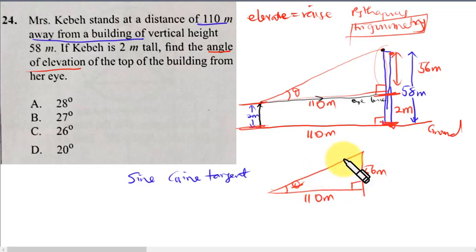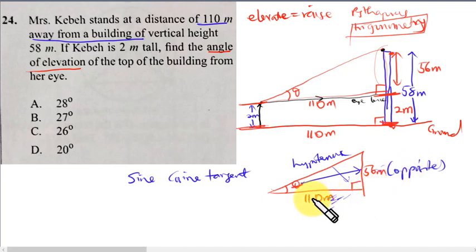Now this side of the right angle triangle is called the hypotenuse. It is the side that is opposite to the 90 degrees angle, but these two sides have names that interchange depending on the angle that we are talking about. Of course, we are finding this angle, and this angle faces this side, so we call this side the opposite side to the angle.